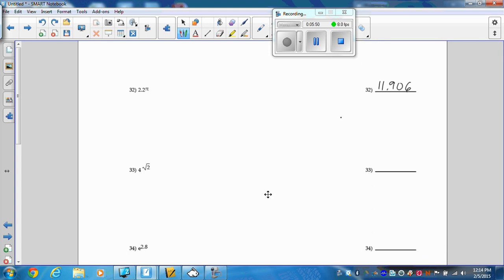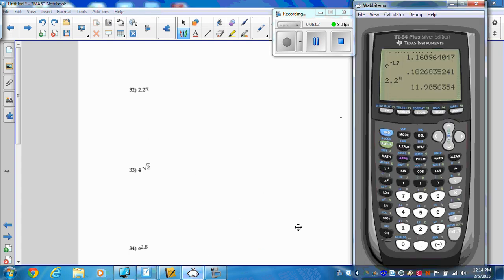Okay, so back to the calculator. I'm still using that. 4 up caret, and the square root of 2.